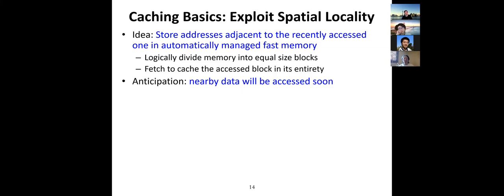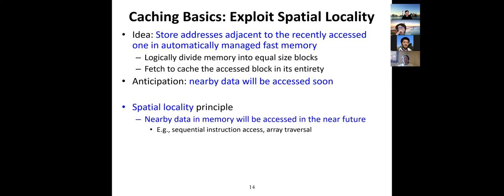But essentially, we always bring more data than we need. So if you write a load that requests 4 bytes from memory, you're going to get 64 bytes. And all of these 64 bytes will be stored in anticipation that you would need the nearby data soon, right? And if you think about it, you realize that is actually a very common behavior of your program.